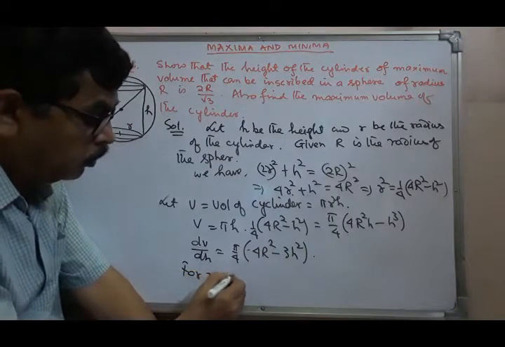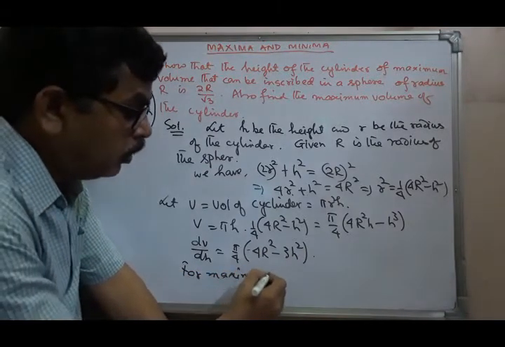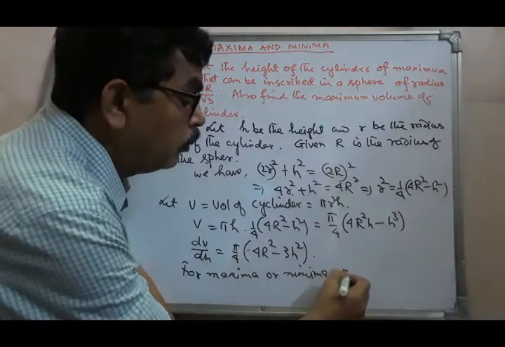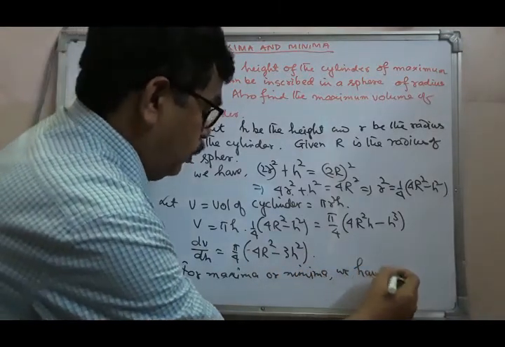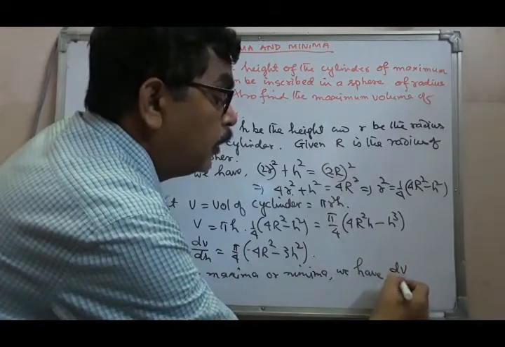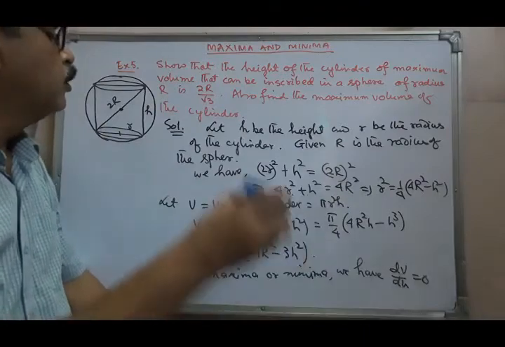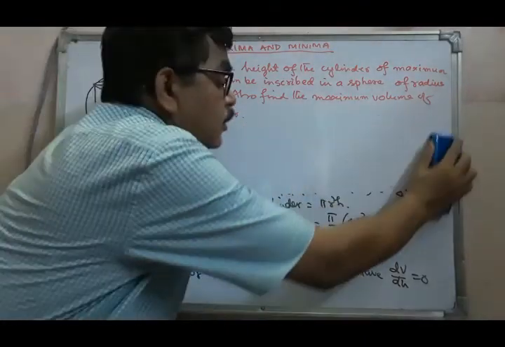For maxima or minima, we have dV by dh equals 0. From here we will start again.